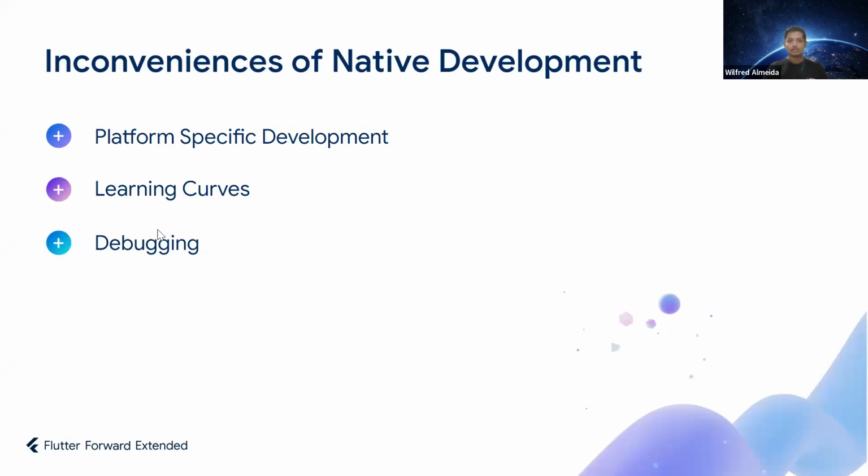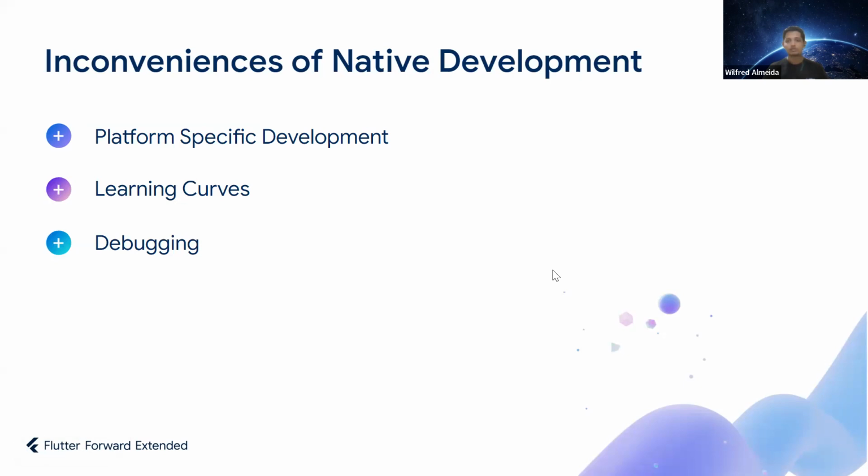Apart from that, there are learning curves. If you want to develop, let's say, an iOS app, then you need a MacBook, you need Apple's proprietary development environment, then you need to learn the programming languages. And oftentimes, these programming languages serve the purpose of just one platform.